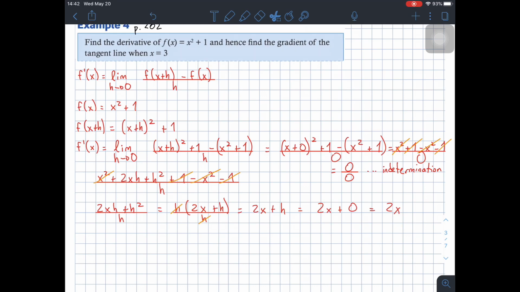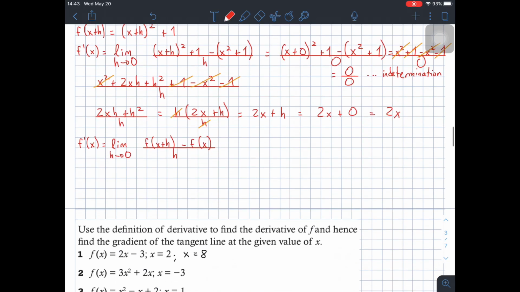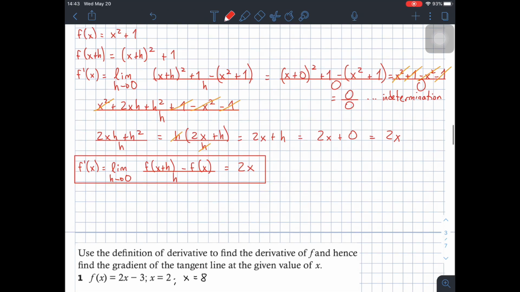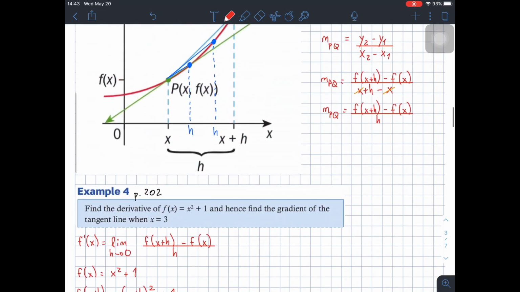I'm gonna write it, and take this down. In this case, the derivative is equal to 2x, okay? This would be an answer. You see that, as we saw in the definition of derivative, let's read again the definition.